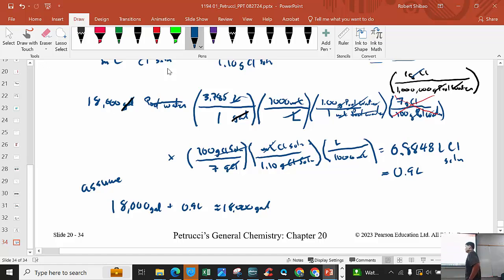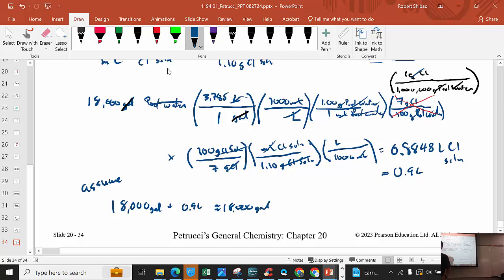And so the two unknowns: what's the final volume of the pool? The final volume of the pool depends on how much chlorinating solution you dump in, right? Well, what's the volume of the chlorinating solution? Well, the volume of the chlorinating solution depends on the final volume of the pool. And so you have this problem, the chicken or the egg. How are you going to figure it out?